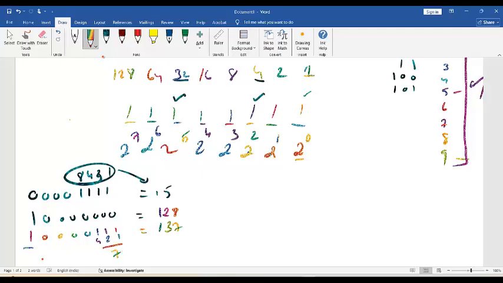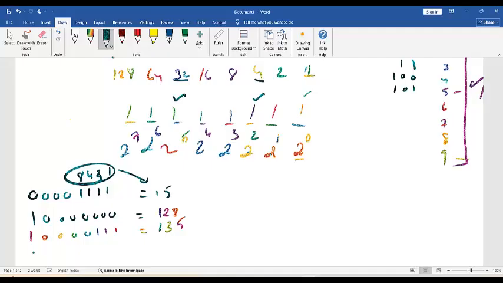Plus this one is 128. So 128 plus 7 is 135. I made a mistake earlier when I said 137; you said it correctly. Very correct. What about the other person? Do you agree with us? Yes, sir. Great. Correct.